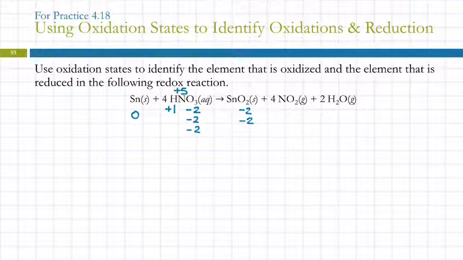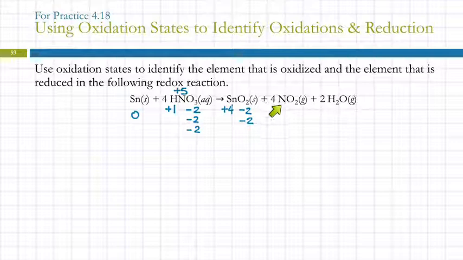What's the charge on the tin ion in that compound? +4. So its oxidation state is +4. So when we're looking at ionic compounds, the oxidation states are the same as the charges on the monatomic ions like oxygen and sulfur and tin and those sorts of things.